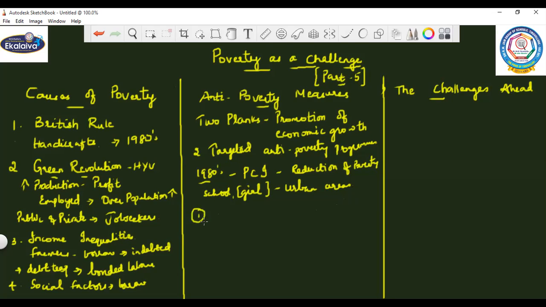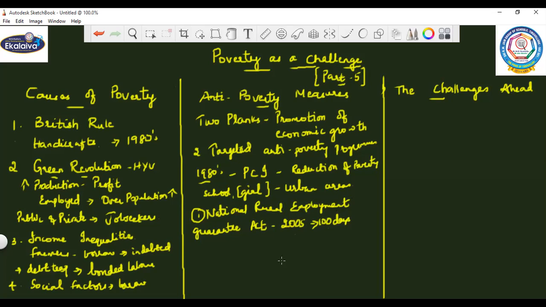That is NREGA, National Rural Employment Guarantee Act. It was introduced in the year 2005. It is said to be 100 days employment. Usually we call it like this only, children, 100 days employment.